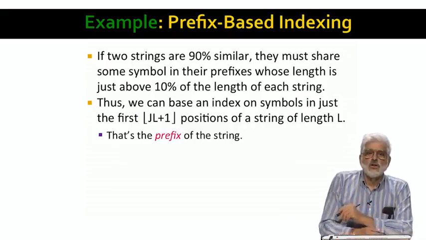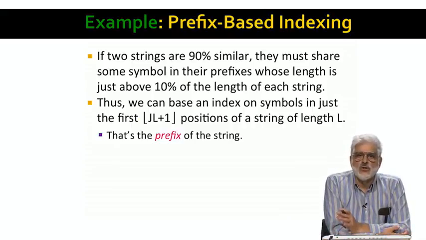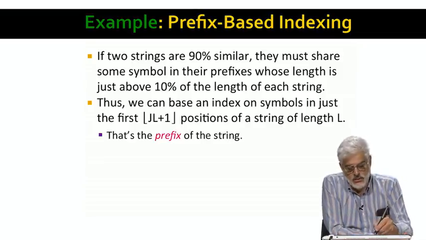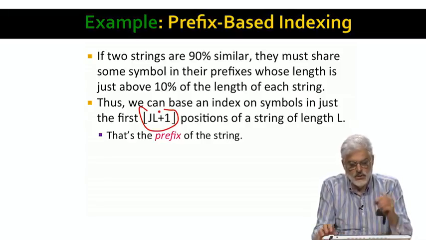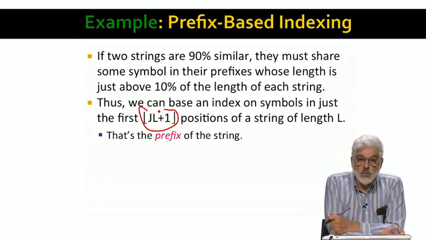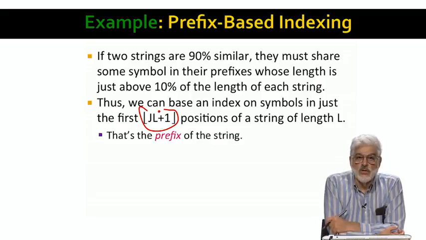The formal definition we're going to use repeatedly for a string's prefix is the first floor of JL plus 1 positions, where J is the upper limit we place on the Jaccard distance, and L is the length of the string.